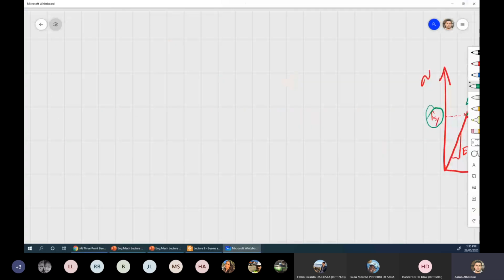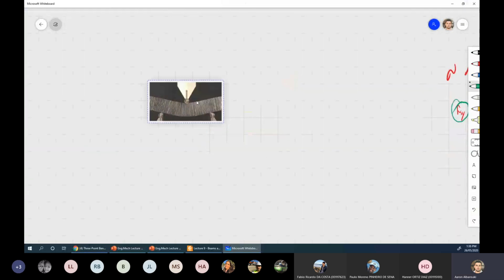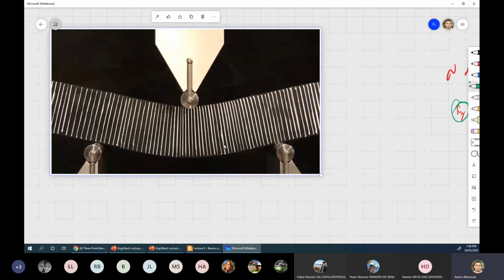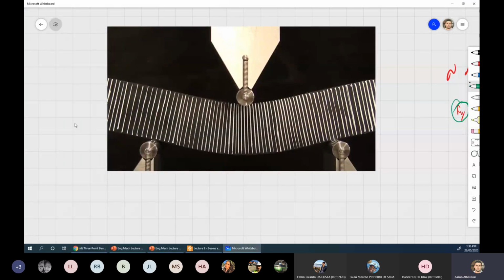go back to our whiteboard. Bending stress here, guys, if I draw the shape of bending stress on this cross section, here the forces are trying to pull away because it's tension until I get to 0.